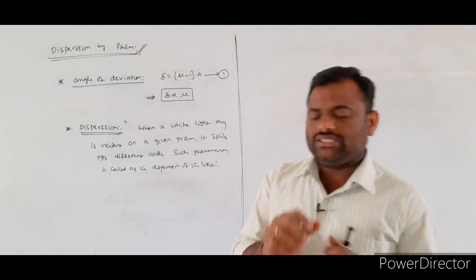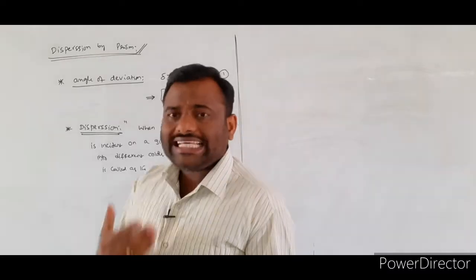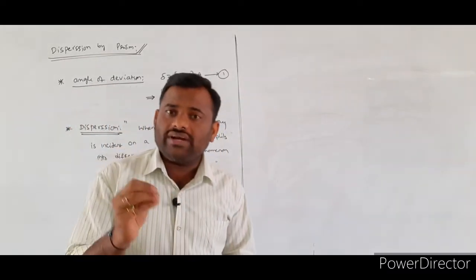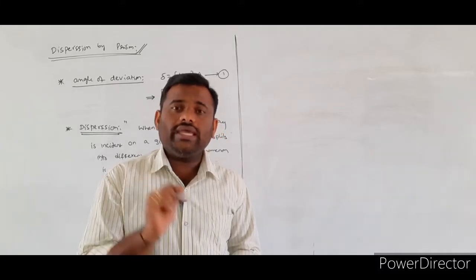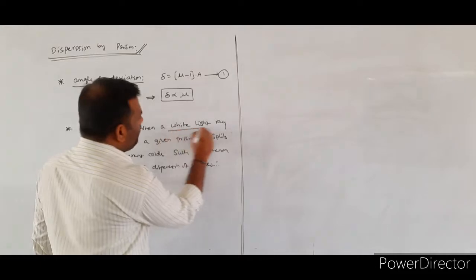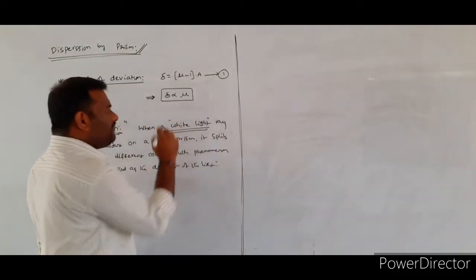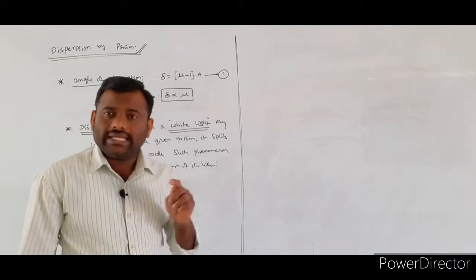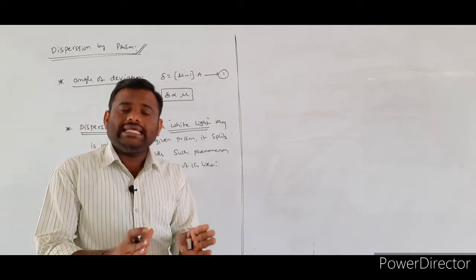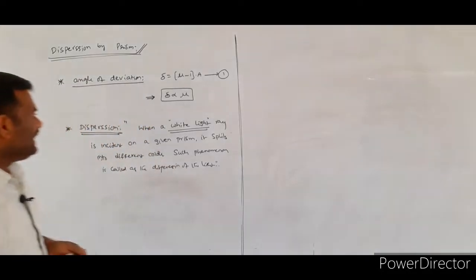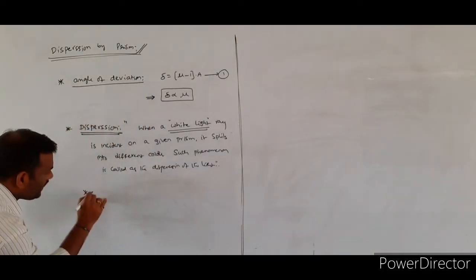Dispersion of the light. So what is the reason behind the splitting of white light into different colors? Here, whatever white light we consider, this white light is a collection of different wavelengths of the light.